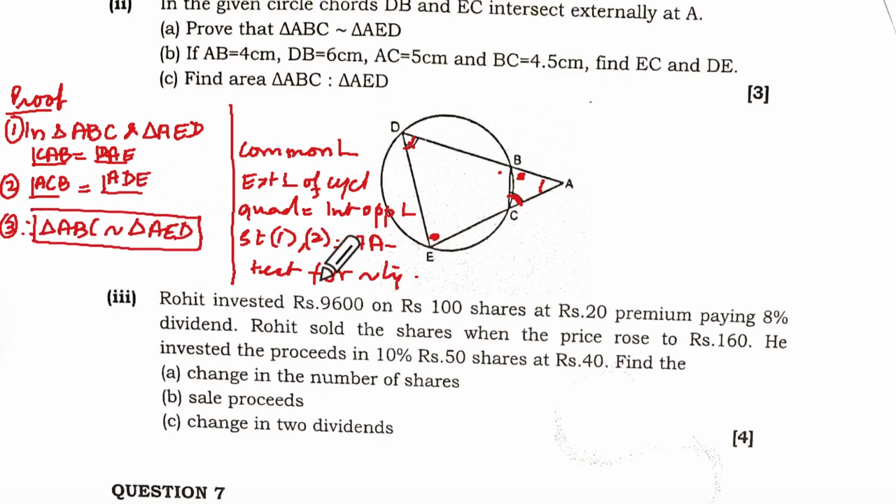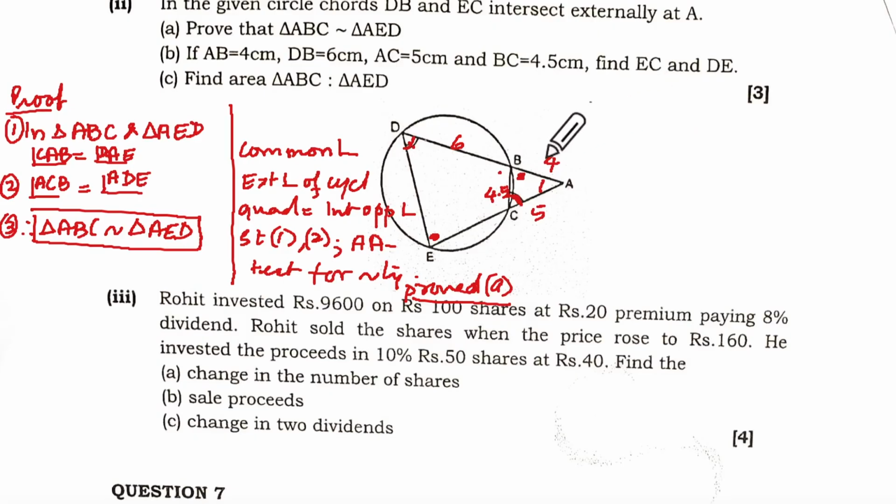Put it in a box and write over there proved A and underline it. Now as they are giving you these measures, let us write in the diagram. AB is 4, DB is 6, AC is 5, and BC is 4.5.